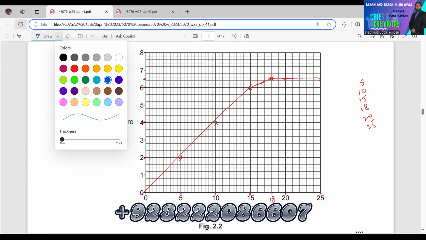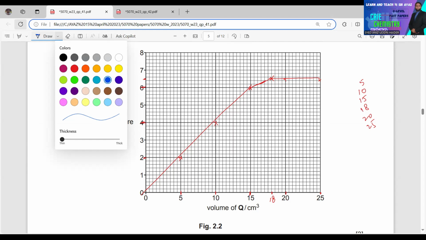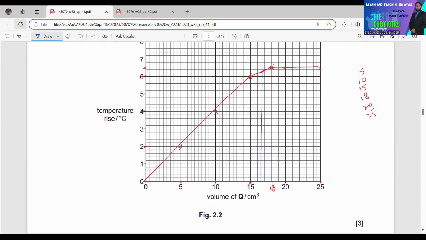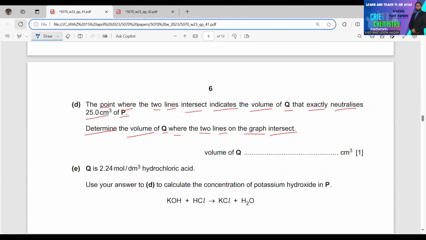So it's like 16.5. So I will write 16.5 centimeter cube.